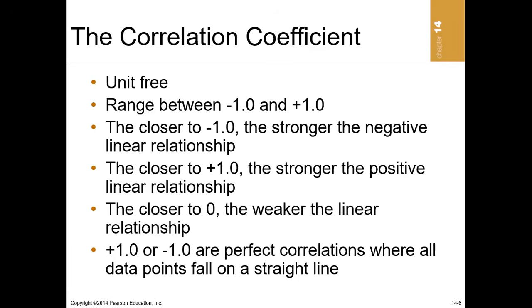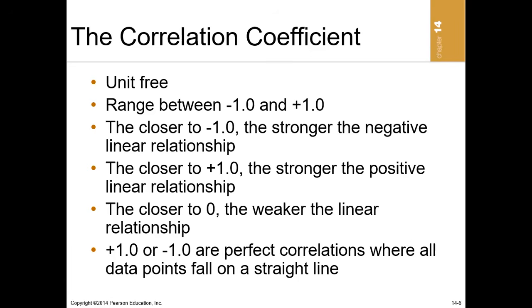So any correctly computed correlation coefficient is unit free. That means it is not in cedis, dollars, meters, or kilograms. It is unit free. That is why we say it ranges between -1 and +1.